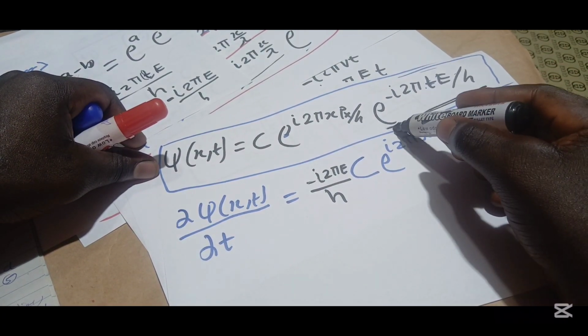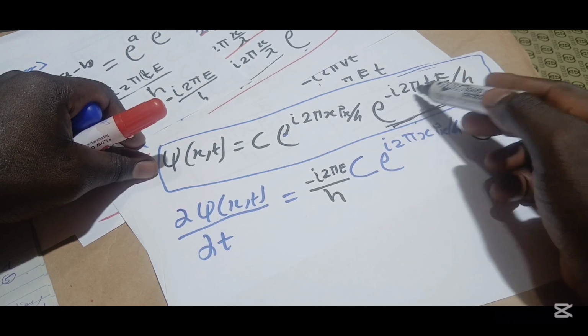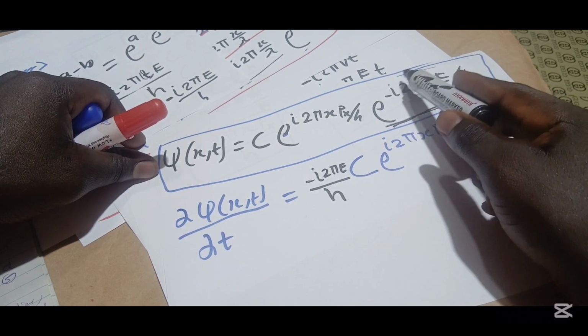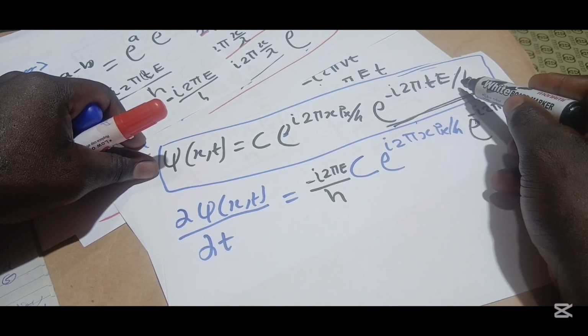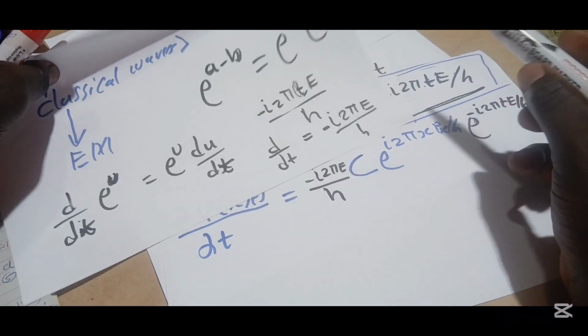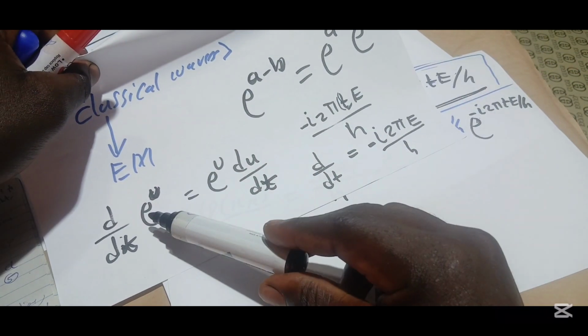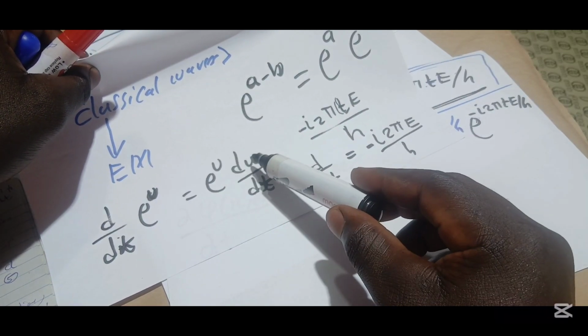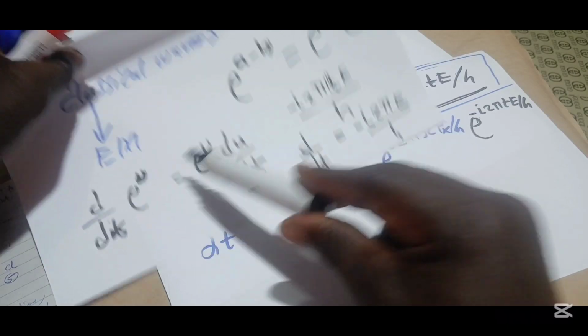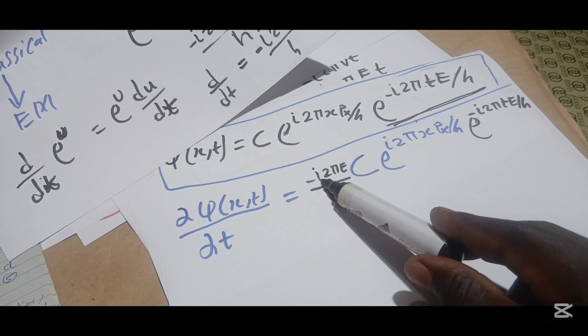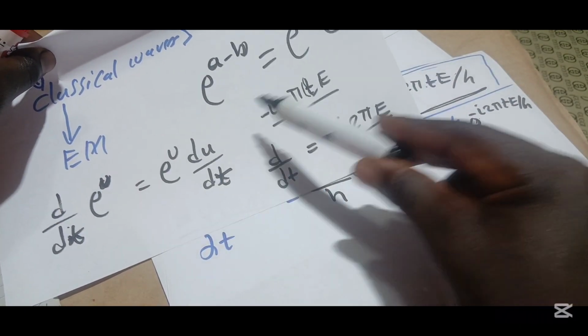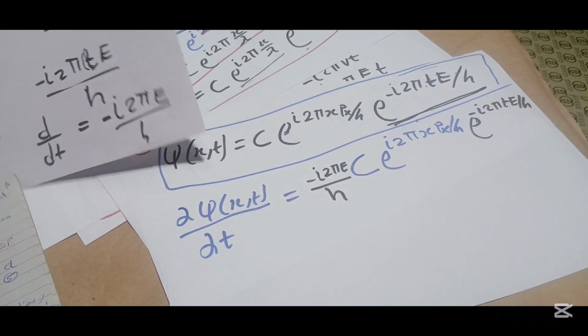Differentiating this, we find the derivative of u, which we found to be this, multiplied by e to the power u, which is here.